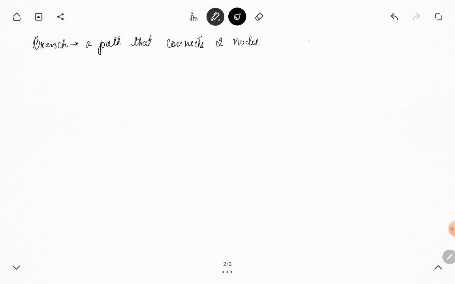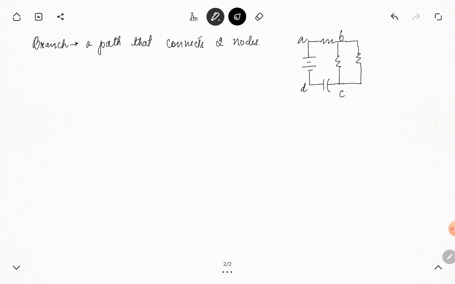Suppose we have a simple circuit here: A, B, C, D. Let's take this example.